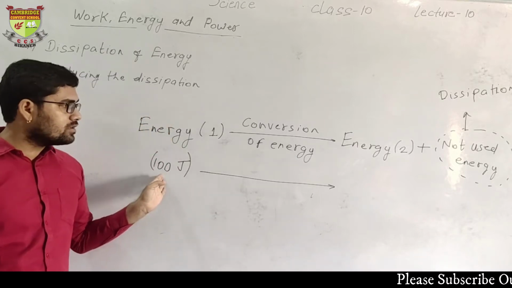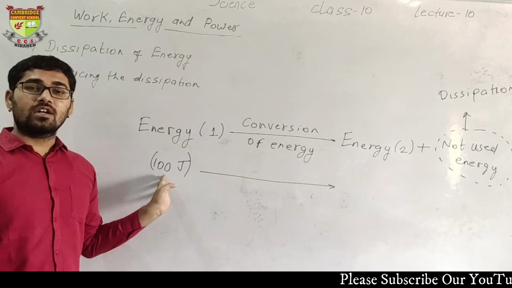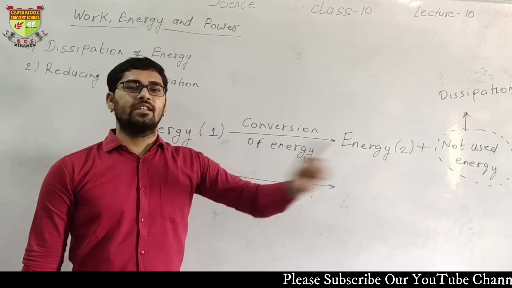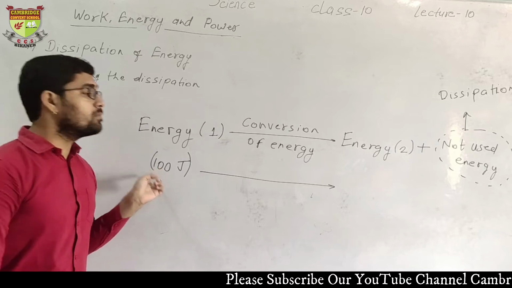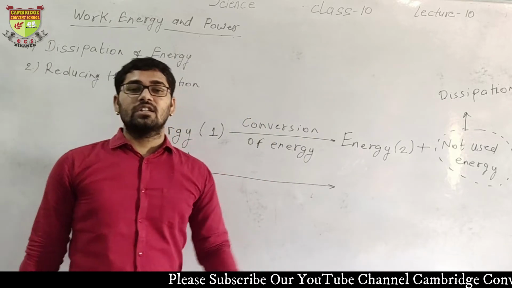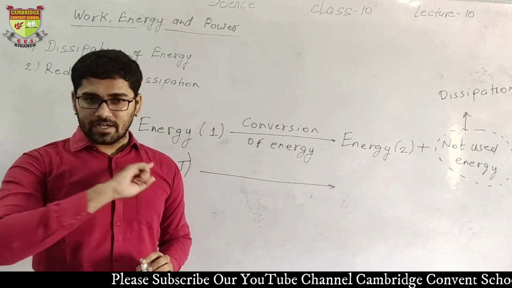Will this 100 joules of kinetic energy completely convert into 100 joules of electrical energy? Never. If it did, this would be said to be an ideal condition. But in reality, it never exists.